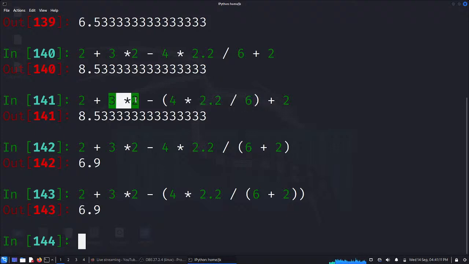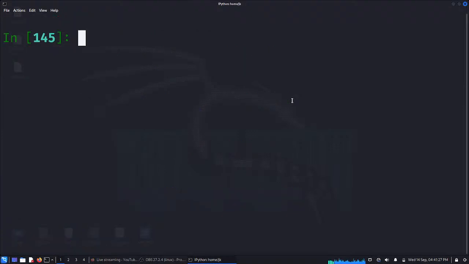After that, the addition and the subtraction happen, and they all go from left to right otherwise. So now, of course, we have seen division and multiplication, and what we have left is this.